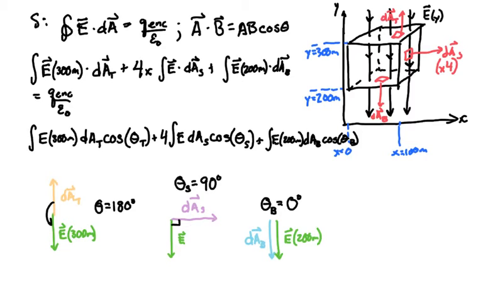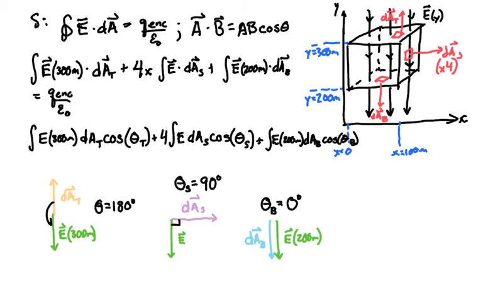And for our last differential area vector, the bottom surface, we have two vectors that are actually parallel. So the differential area vector on the bottom is pointing in the same direction as the electric field. So theta sub b is equal to 0 degrees.